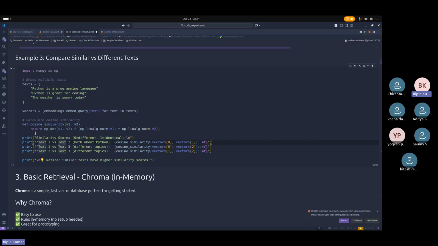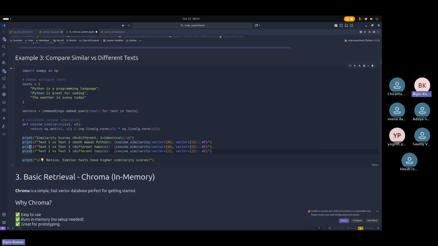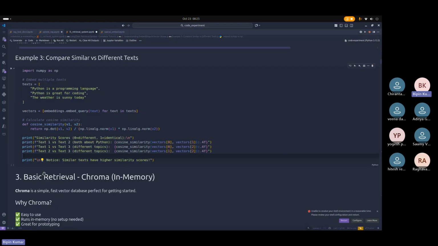Now if you see what I am printing, I am printing the similarity scores, in 3 prints. Python is a programming language is the first document, coding is the second, and sunny today is the third.